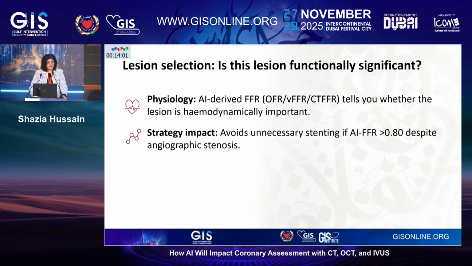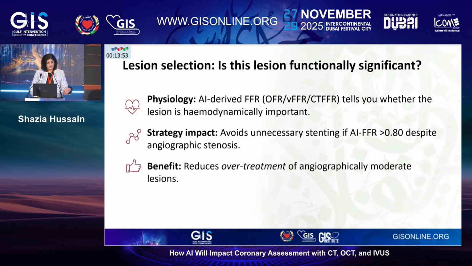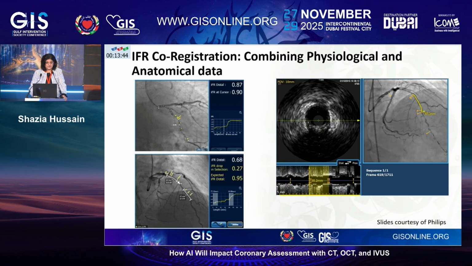So this has an impact on strategy. If there's unnecessary stenting, it avoids unnecessary stenting. And so therefore we're moving from just lesion automation to strategy guidance with combining functional data.